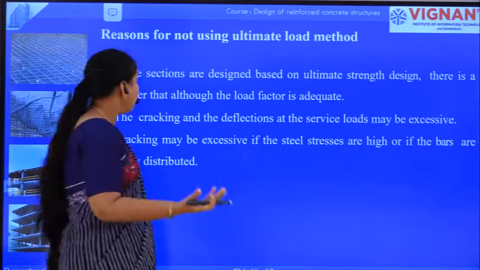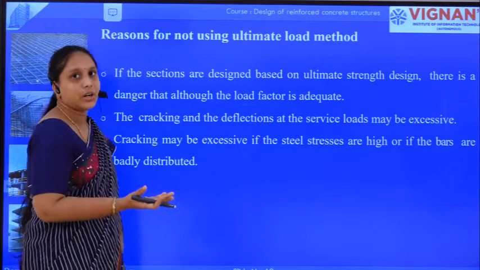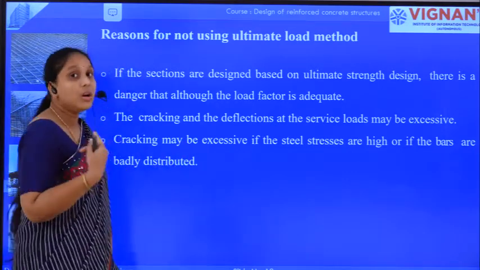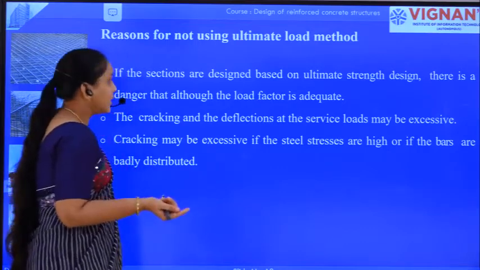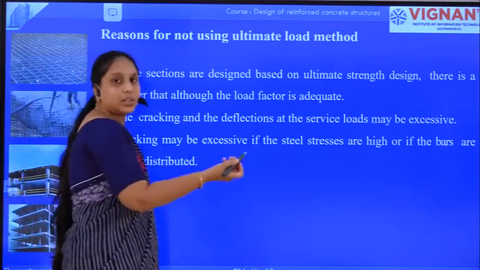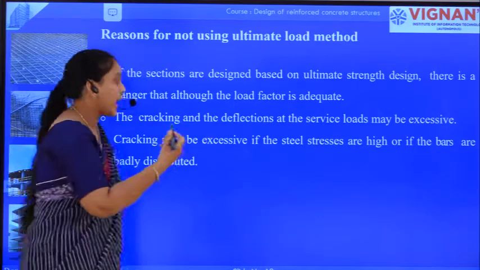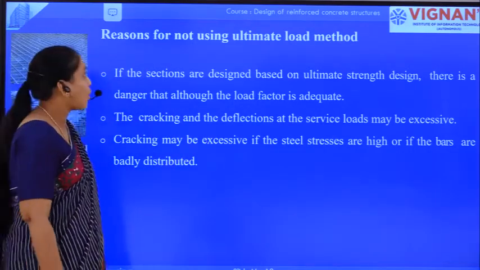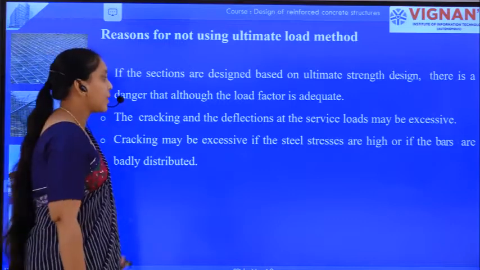So there might be danger of that. And the next one, as we have already discussed, is that at the service loads there might be more cracking and deflections forming. That is also a drawback of the ultimate load method.